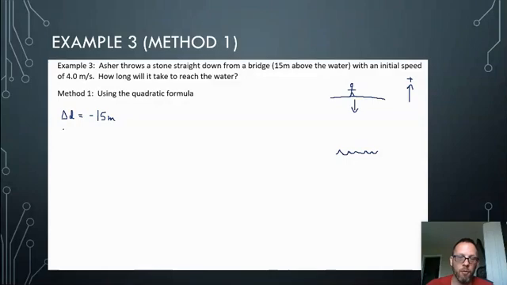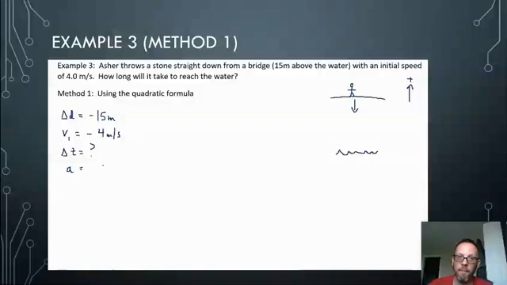Initial speed of 4 meters per second, and he threw it down. So I know that my V1 will be minus 4 meters per second. We're asked to find delta T. And we need one more thing. In this question, we're going to be making use of, and you will learn in grade 11, here the acceleration, once it leaves Asher's hand, the acceleration of this stone is the acceleration due to gravity.